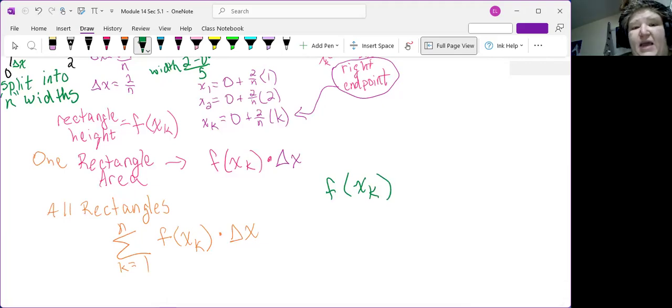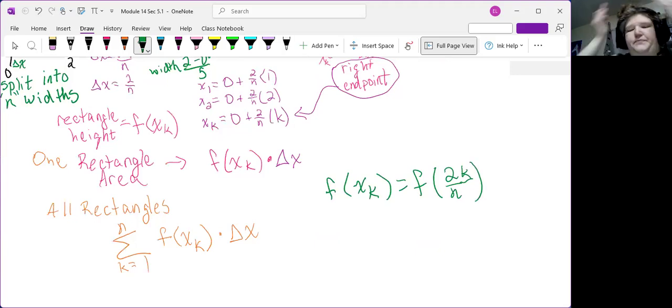So I have my x sub k formula, the 0, we can toss out. So 2 over n times k. So this is now asking us, what is the function value when I input, we can write it as 2k over n. So this is where we're very happy 0 is our starting point because I'm not putting in something with addition there.